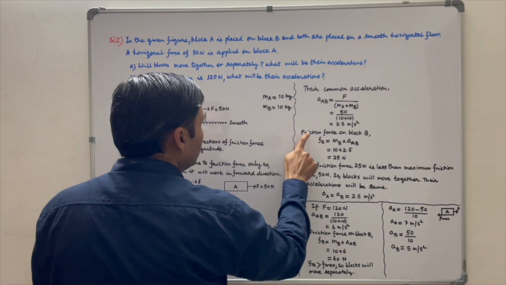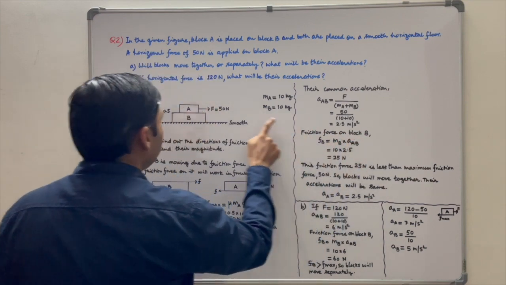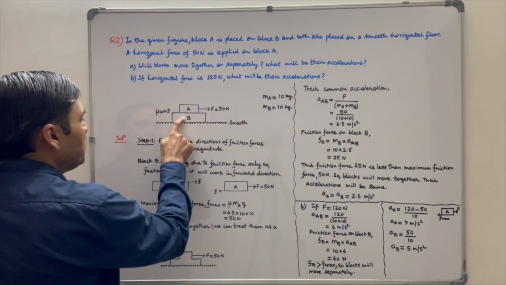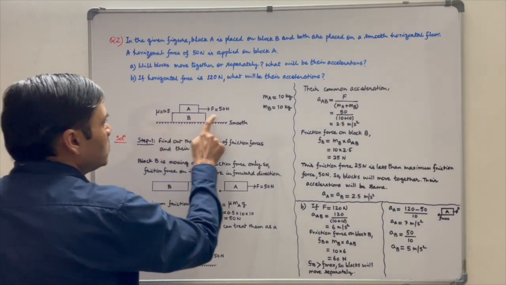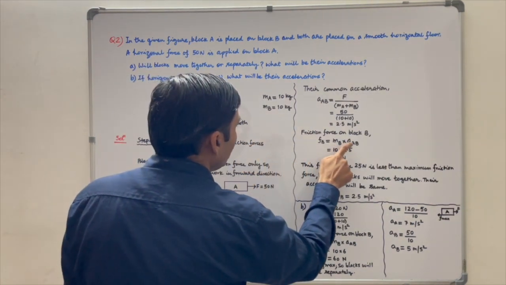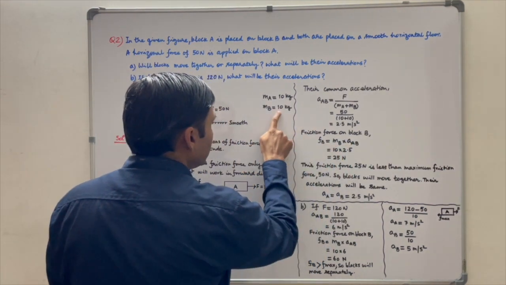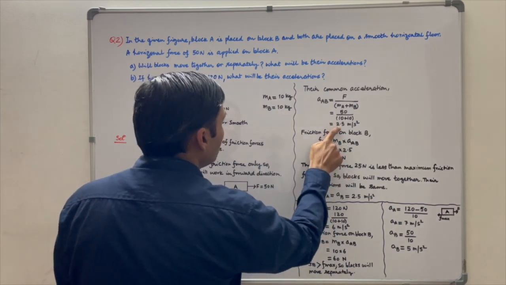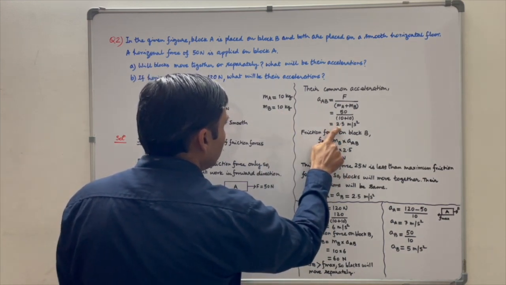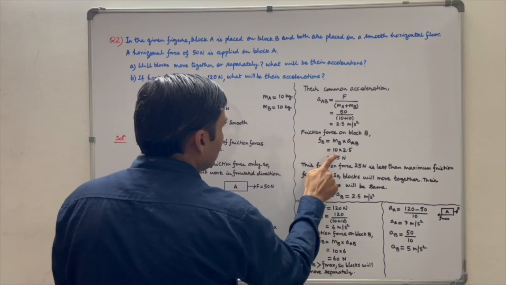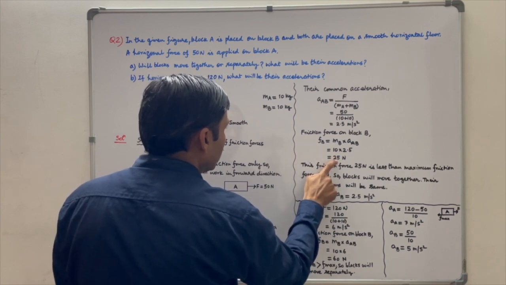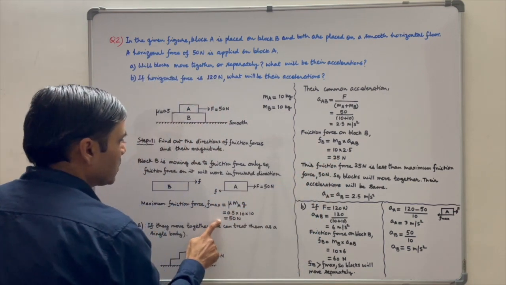Next we will calculate friction force on block B, because this block is moving only because of friction force. So FB is equal to MB into AAB. MB is 10 kg and AAB is 2.5 meter per second square. So FB comes out to be equal to 25 Newton, which is less than maximum friction force.